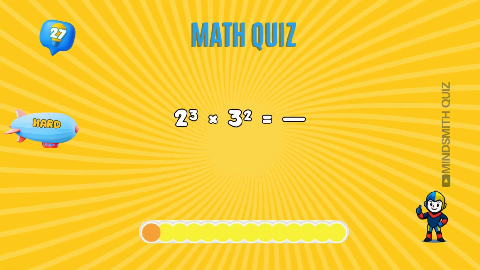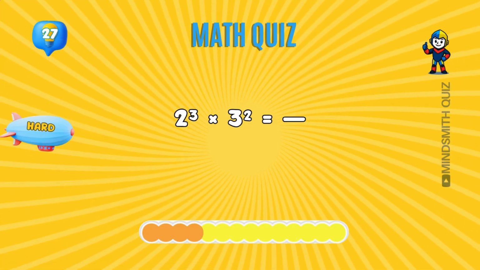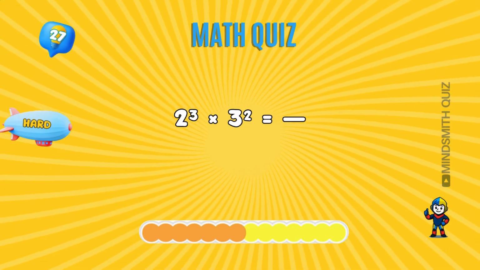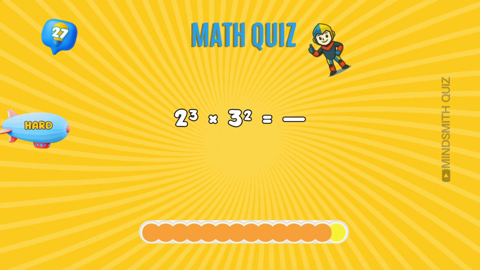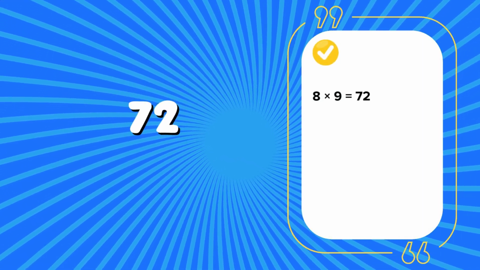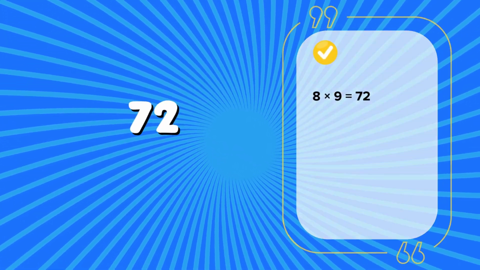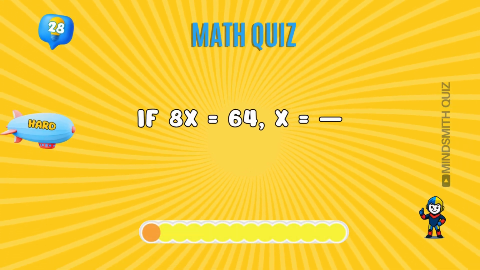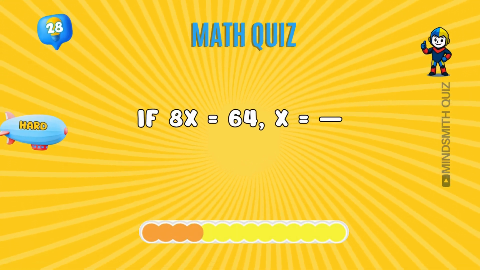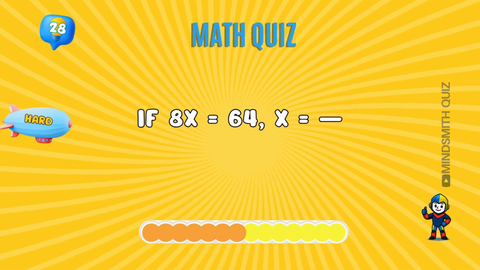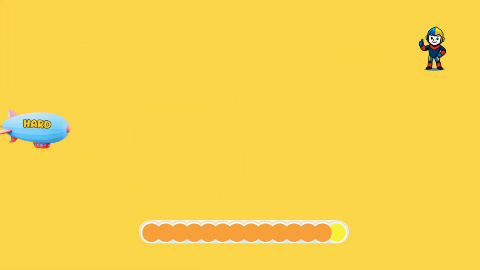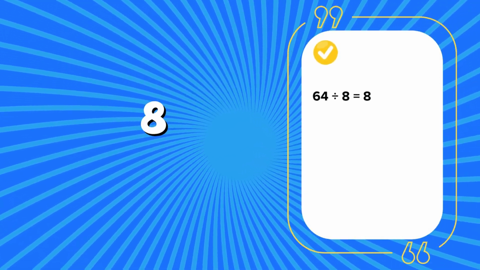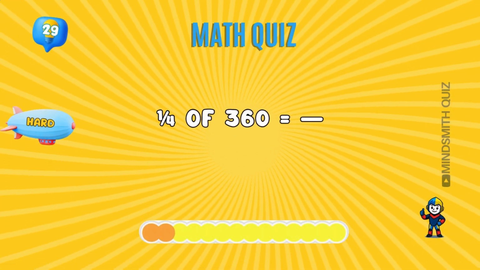2 cubed times 3 squared equals. 72. If 8x equals 64, x equals. x equals 8. 1/4 of 360 equals.